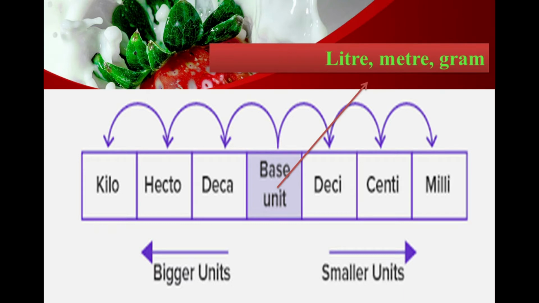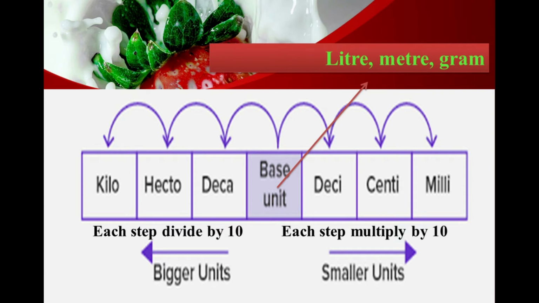If you want to convert to the smaller unit from the base unit, you have to multiply by 10 for each step. If you want to convert to the bigger unit from the base unit or from the smaller unit, you have to divide by 10 for each step. Okay, this is very simple. Now, once again, which are the larger units than the base unit?